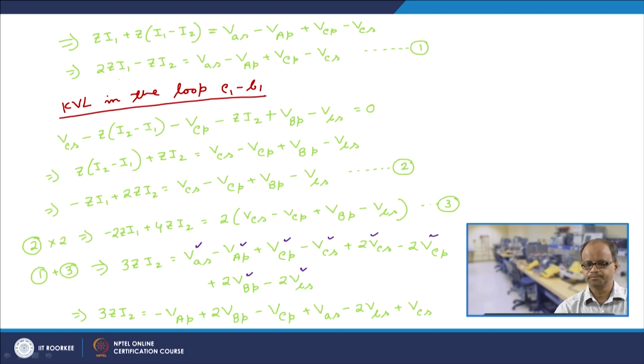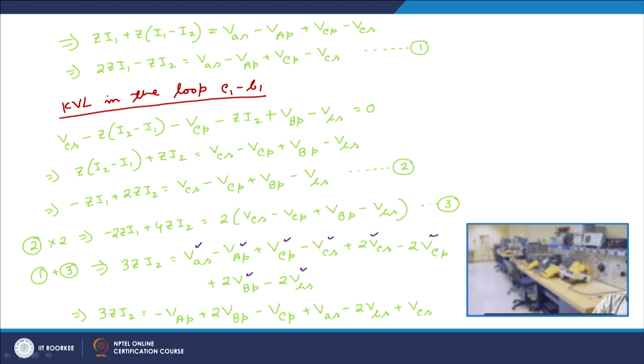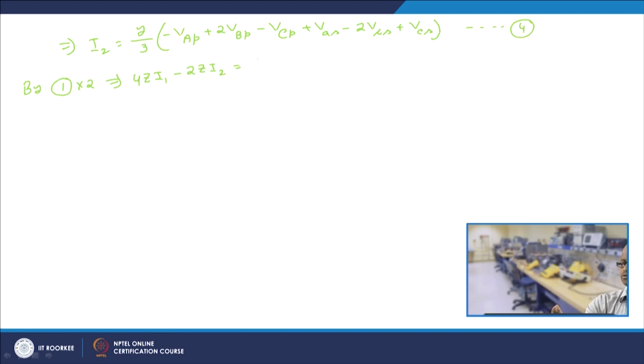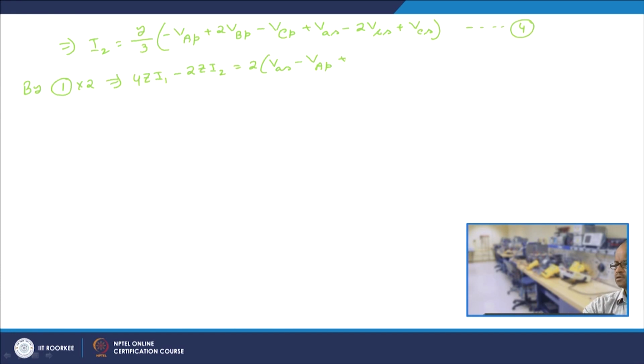This gives us 4Z I1 minus 2Z I2 is equal to 2 into VAS minus VAP plus VCP minus VCS. So this is equation say 5.